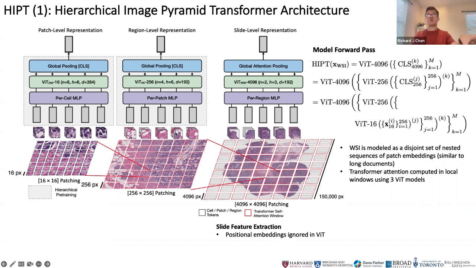Even though this is a larger image resolution, the number of tokens has the same complexity as the previous 256 problem, where there are 256 16 by 16 tokens in the 256 size image, and 256 256-sized tokens in a 4K image. So these are the same complexities in the problem. This is a strategy for doing self-supervised learning at scale.